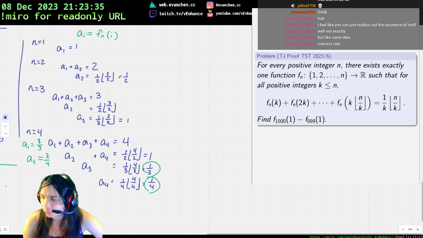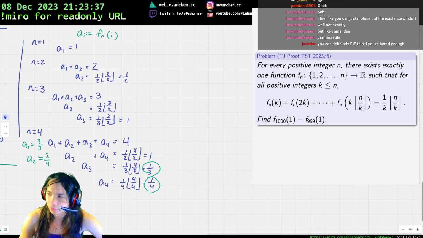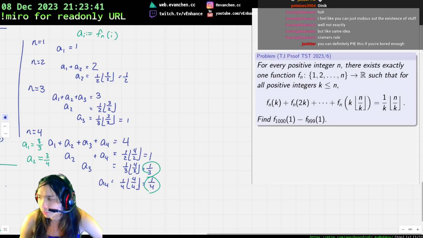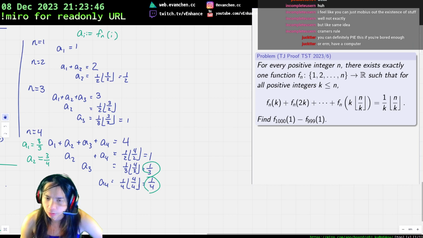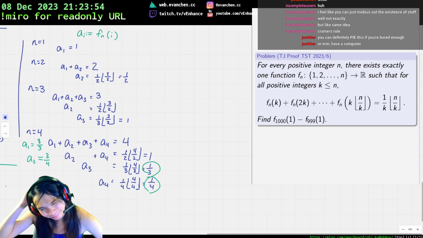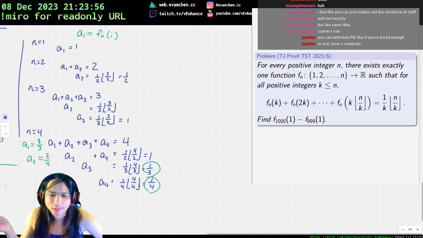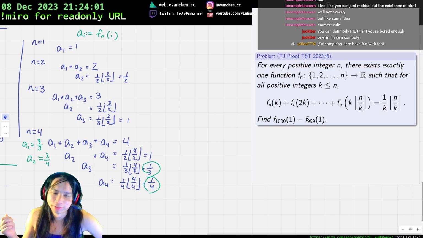I initially thought that you would solve each individual system, but it's not clear to me that's the way to go either. Because if you write down the actual content for 999 and 1000, they look pretty similar. I wrote the system for 1000, I wrote the system for 999, and they look almost exactly the same.